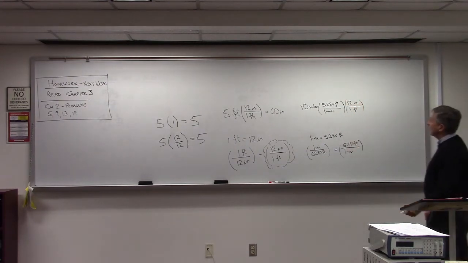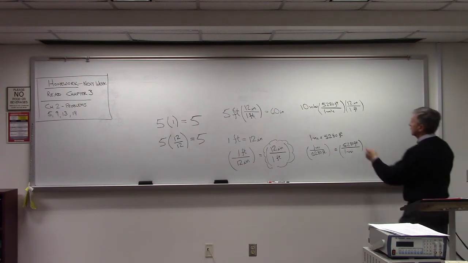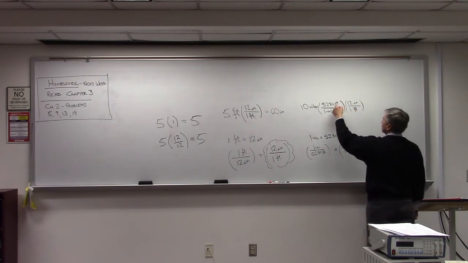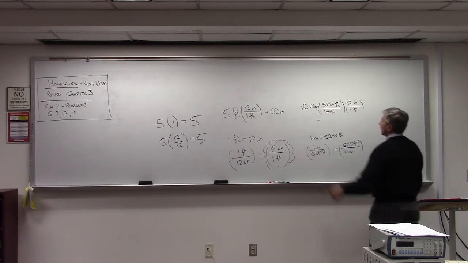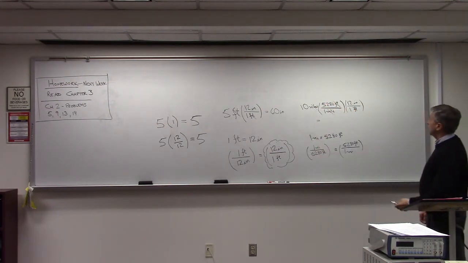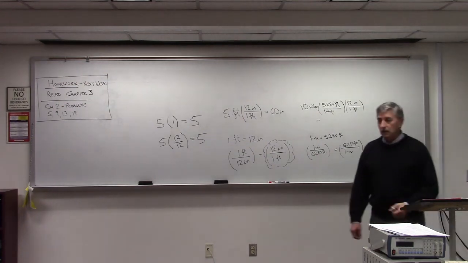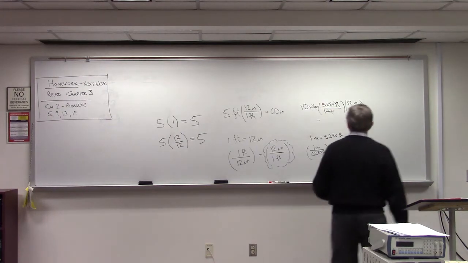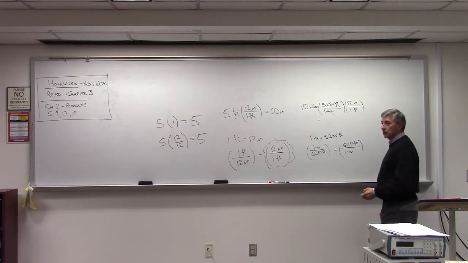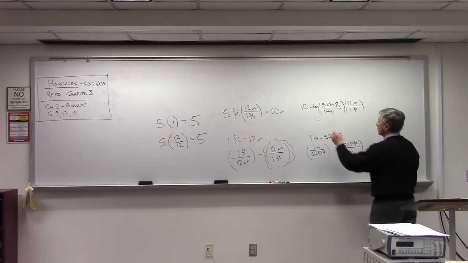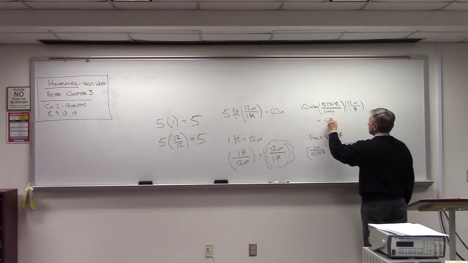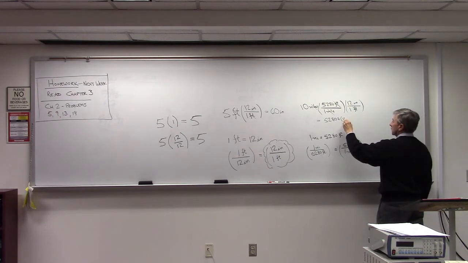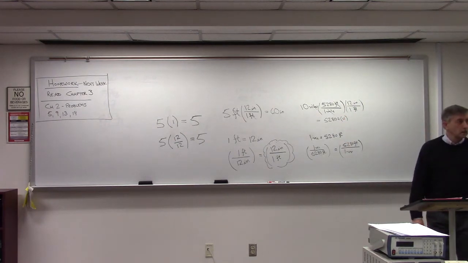And I'm now going to cancel my dimensions. So I have miles that cancel there, feet that cancel there. So 10 miles times 5,280. I forgot my calculator. Can somebody multiply that? Isn't it 52,800? 52,800 times 12 is 633,600.